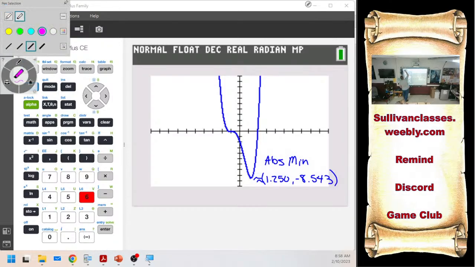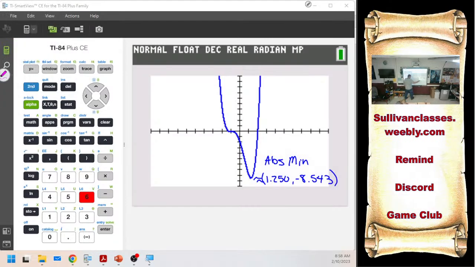And this thing increases here to here and decreases all the way through that point of inflection to there. So make sure you state that this increases from about 1.250 to infinity.